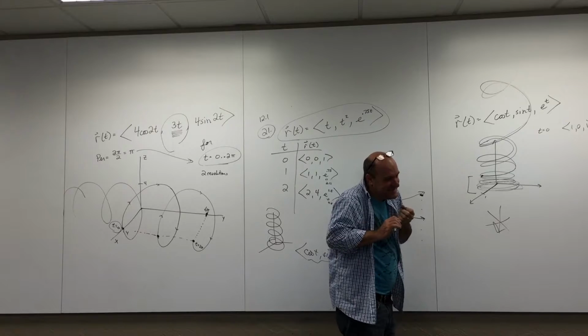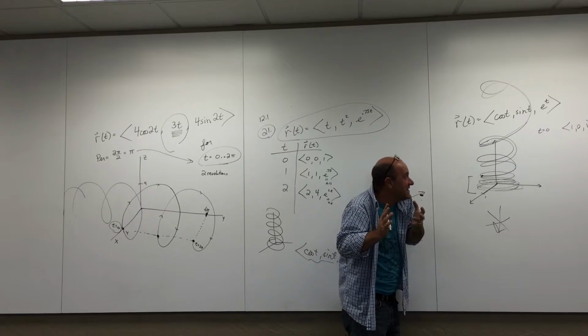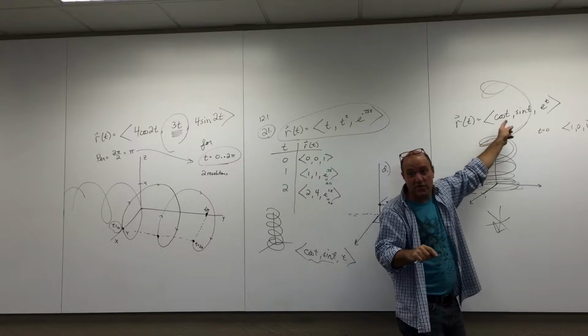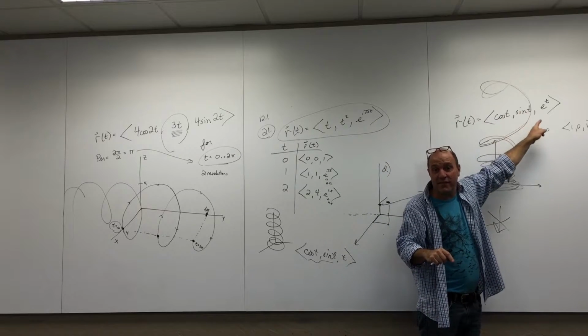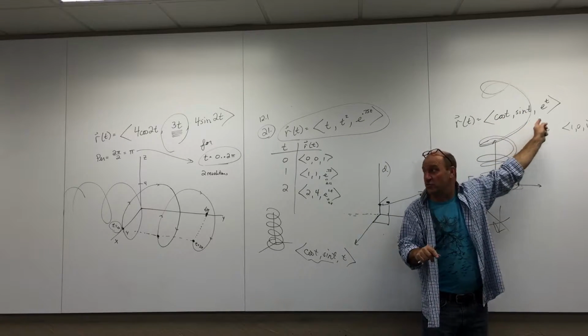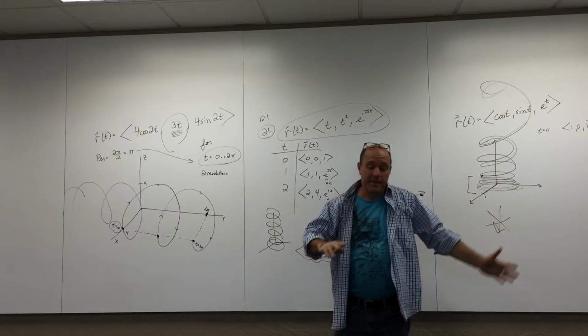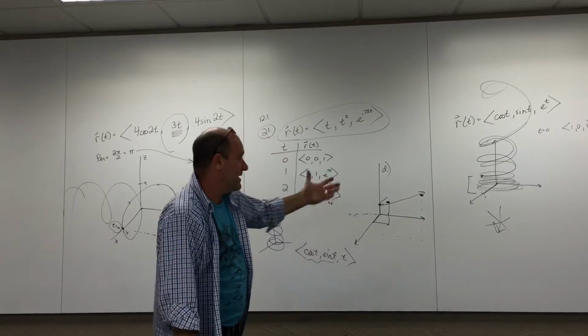The point is to try to teach you to critically analyze these guys. I mean, it's our circular motion, but then the behavior in the z direction is exponential rather than linear. And that makes it a little different.